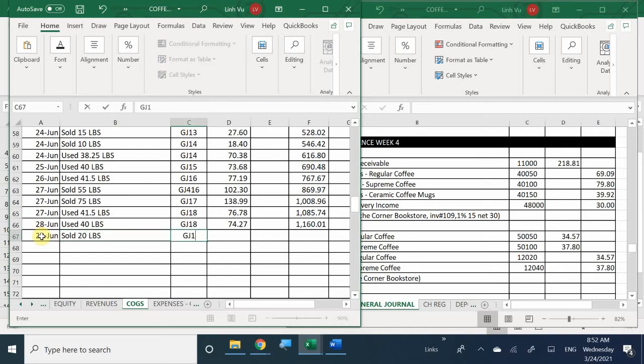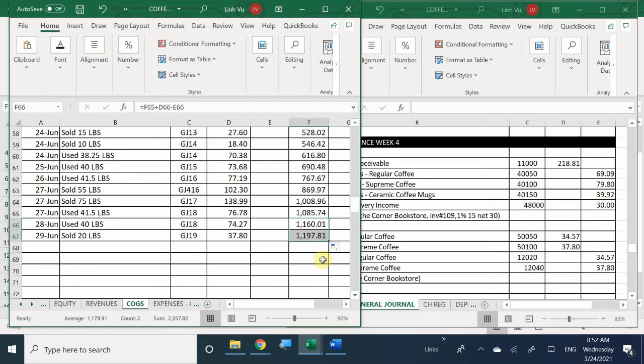General Journal 19 for $37.80. So what is my ending balance here? What was that? 1197.81. Good.